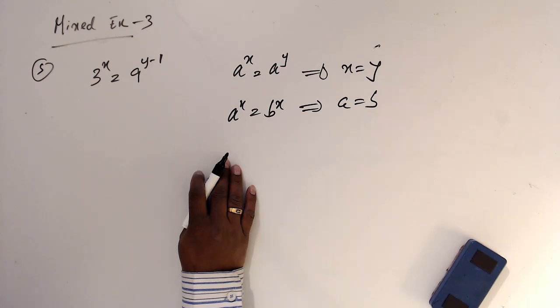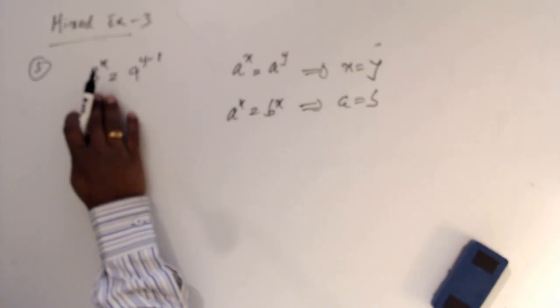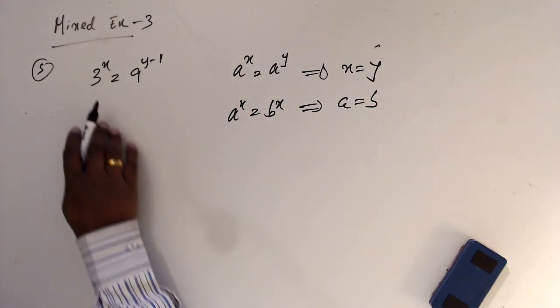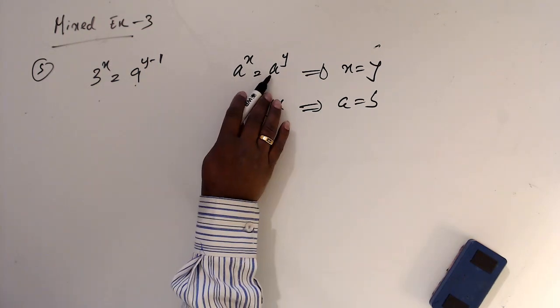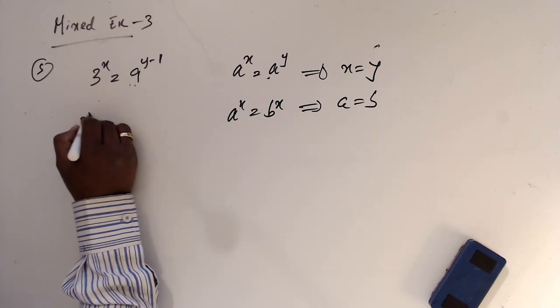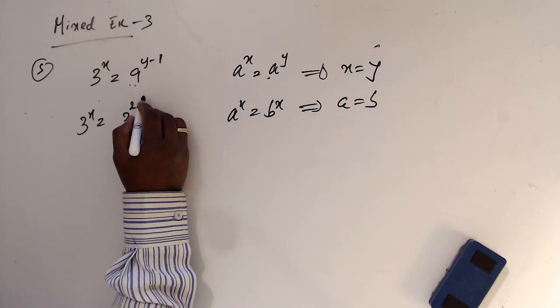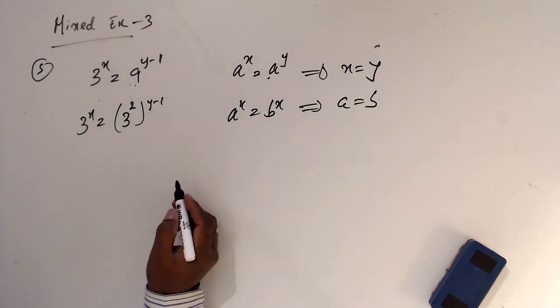Now you can see which one we can easily turn into this one. I can see that this is 3^x, and 9 I can write as 3 squared. So 3^x equals 3 squared times 3^(y-1).